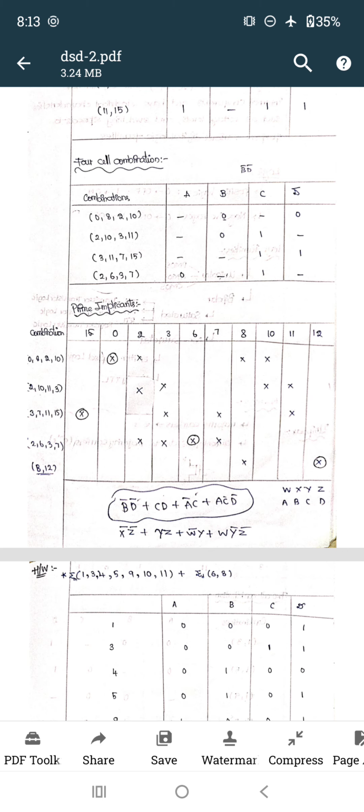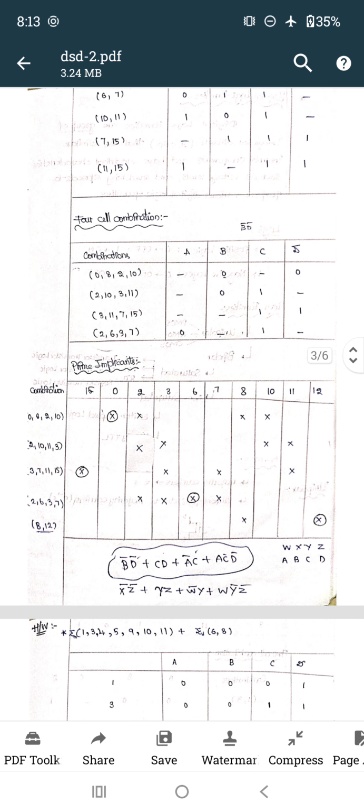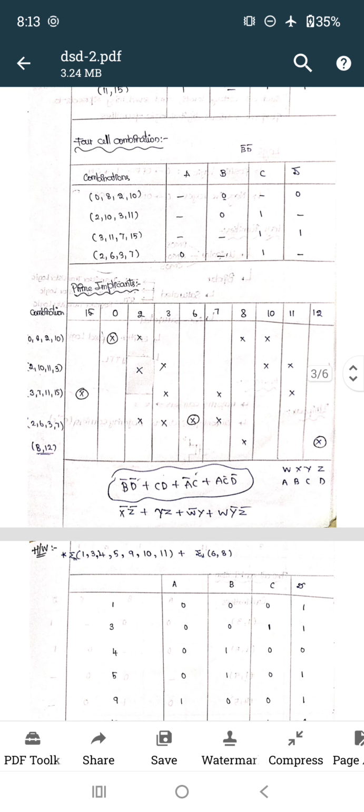Next we need to find the prime implicant values. All the minterms are covered in these prime implicant combinations, so the single x is taken into consideration. We need to get the values 3, 7, 11, 15. For the prime implicants 3, 11, 7, 15, the value is CD.